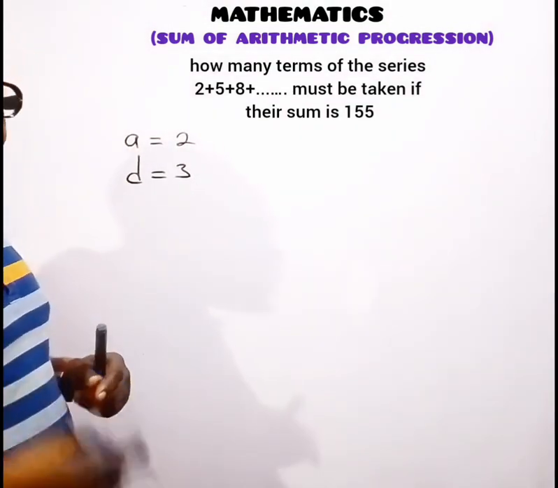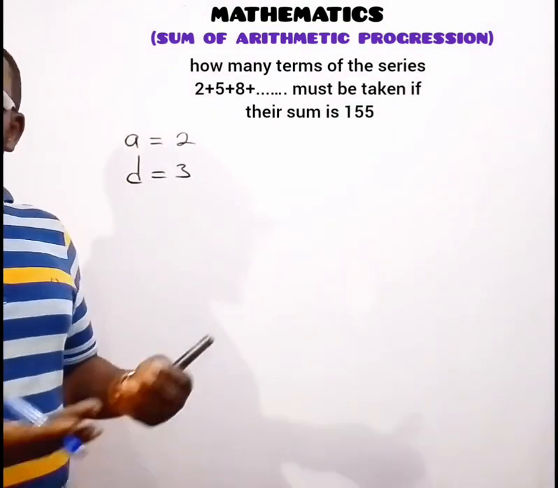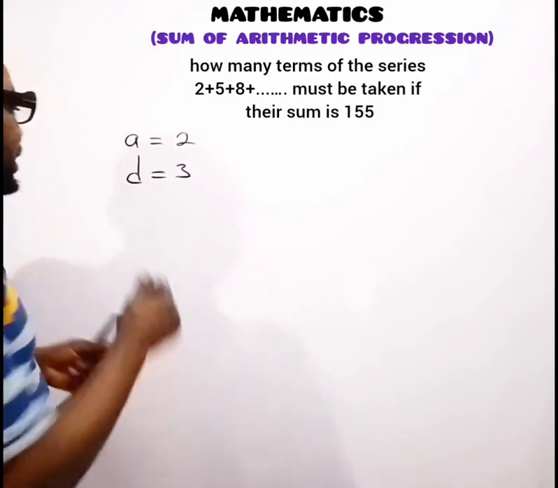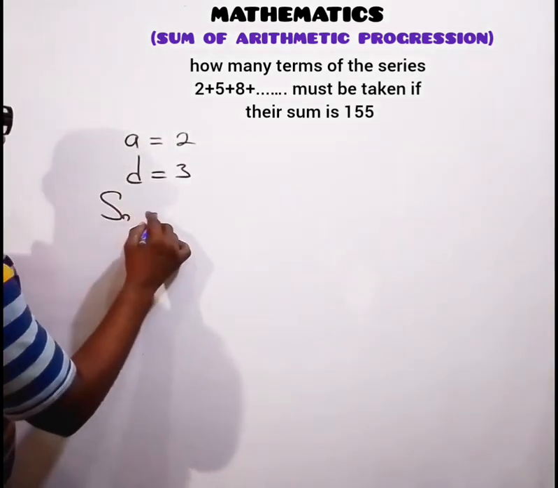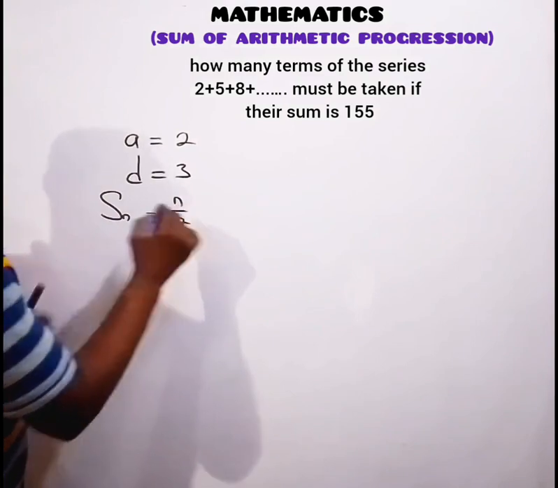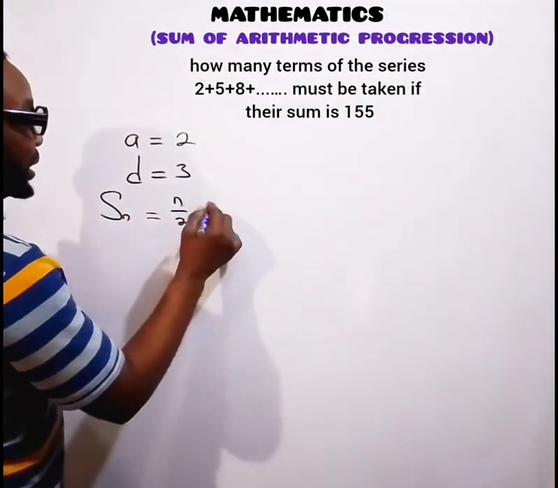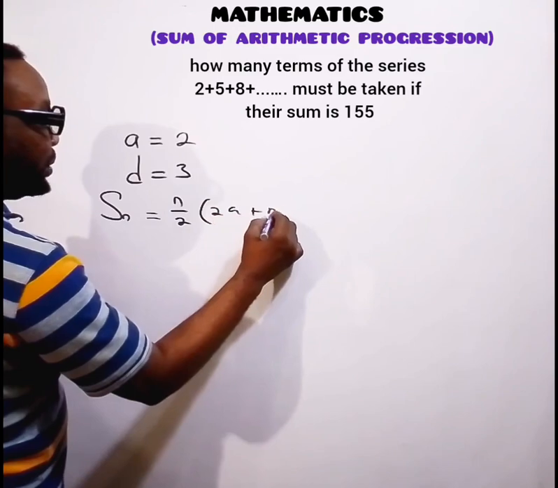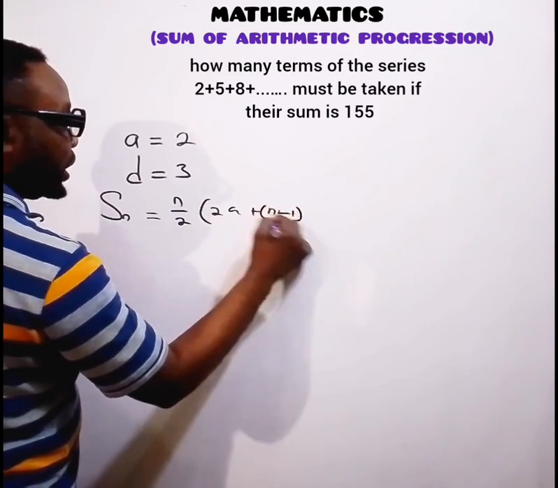The sum of the terms has been given to us, but we do not know the number of terms itself. So the sum of n terms is equal to what? n over 2, that is the formula for the sum of n terms: n over 2 into bracket 2a plus n minus 1 into bracket of d.